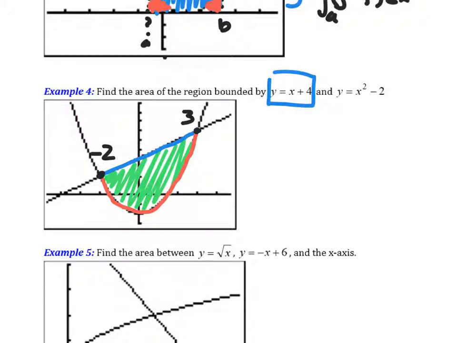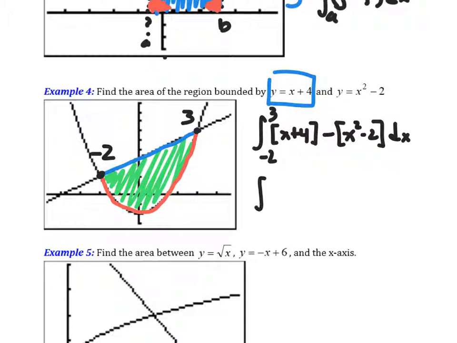Algebraically, you could probably figure that out by setting those two functions equal and finding their two solutions. But then I could do this. I could take the integral from negative 2 to 3 of the upper function, which is x plus 4, minus the lower function, which is x squared minus 2, dx.